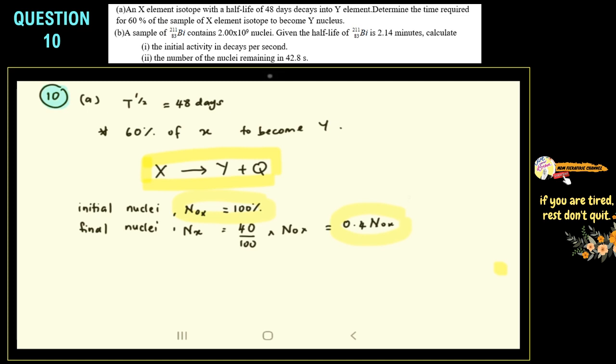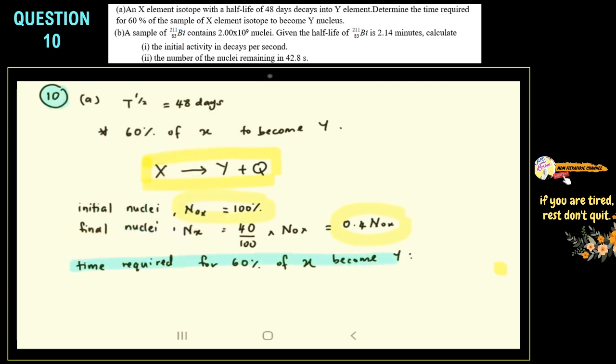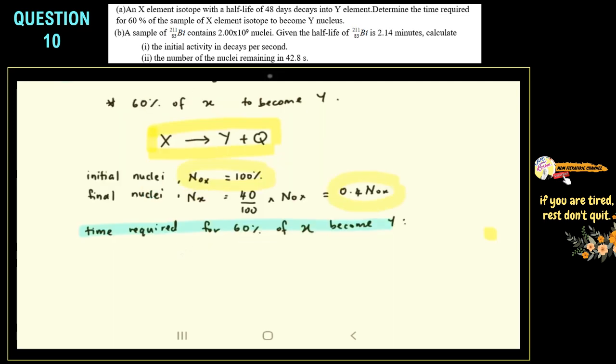Now we want to calculate the time required for 60% of X to become Y. So let's write the general equation: N is equal to n naught e to the negative lambda t.